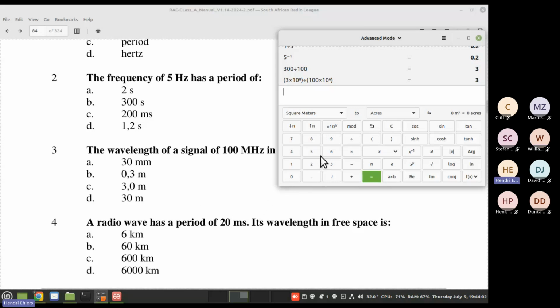So that would be 3 times 10 to the 8, put that in a bracket, times bracket 20 times 10 to the minus 3.